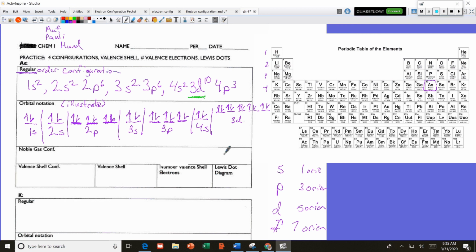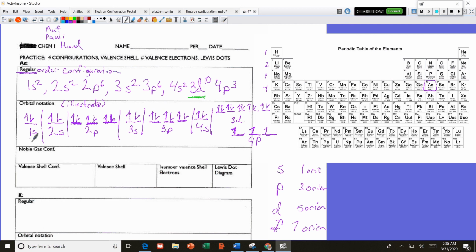And then the last thing we have, which would be right next to it, or we could start a new line underneath, would be my 4p. 4p is going to have 3 blanks. So we have 1, 2, 3.